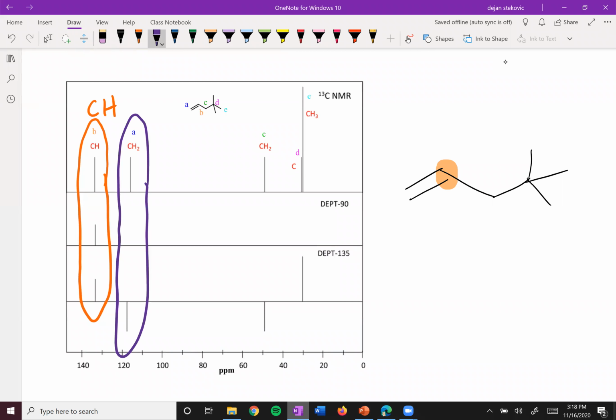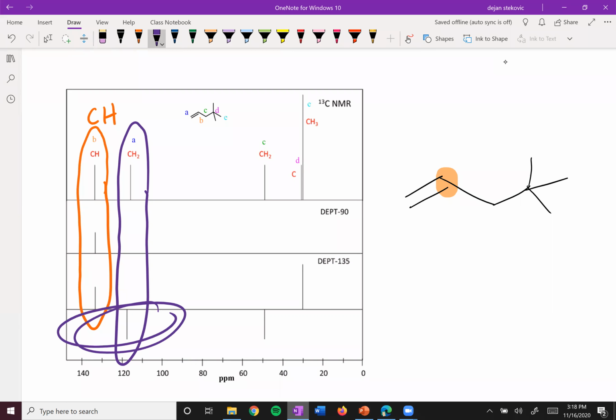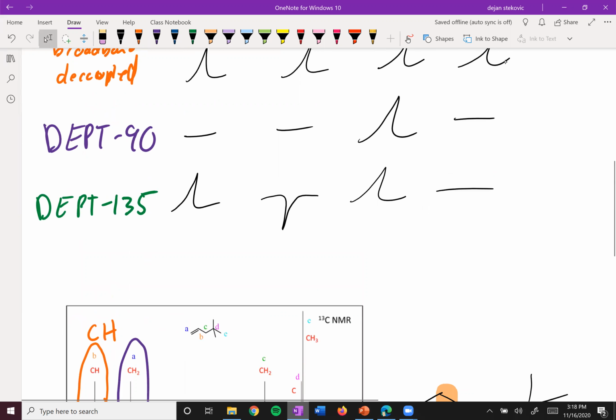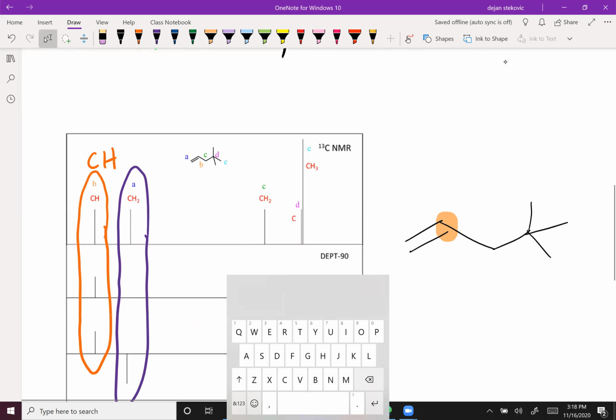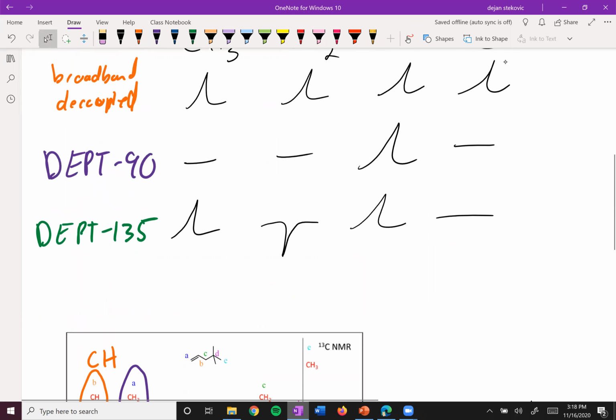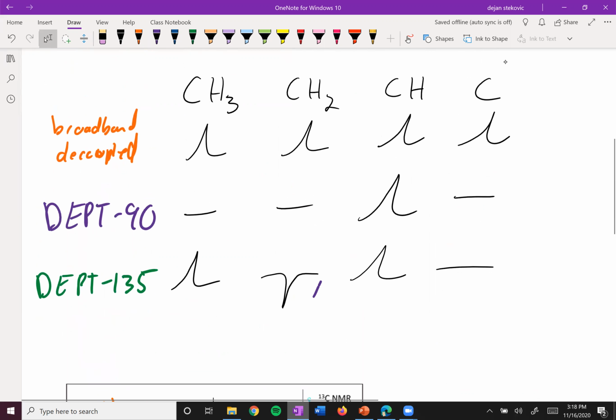Next up, we have something that's in the C13 NMR, which everything is, disappears in the DEPT 90 and is pointing down in the DEPT 135, right? You see how this peak is pointing down? And so if we look which one fits there, that will be a CH2.